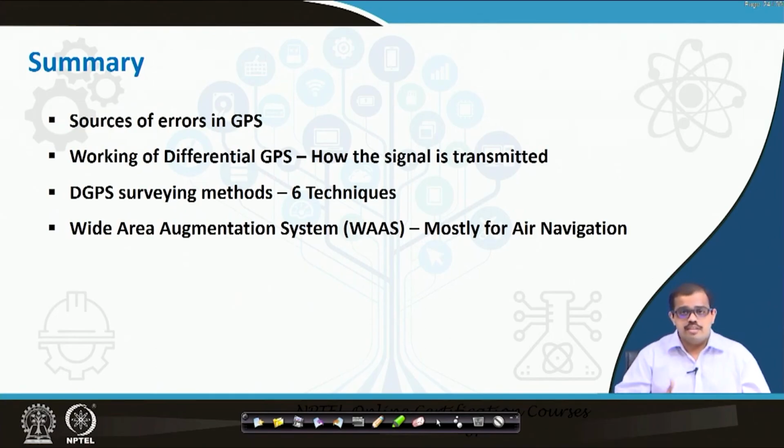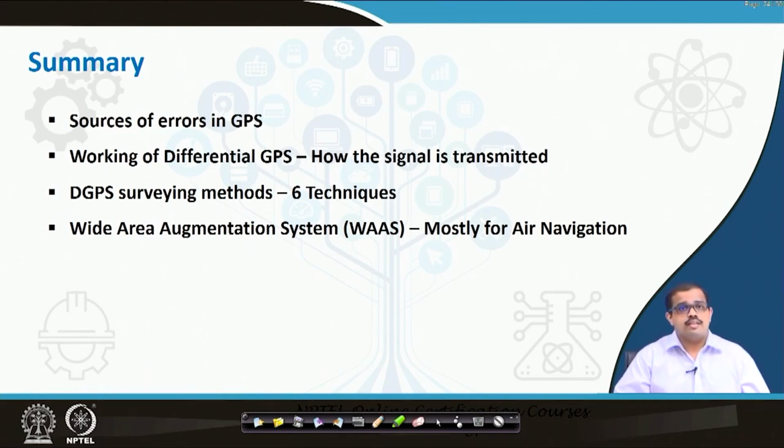Then we looked at differential GPS, and how differential GPS is extremely useful to us. We can set up the differential GPS anywhere as necessary and remove the atmospheric issues that may interfere, or any other issues, for example the operational clock errors with the satellite signals.